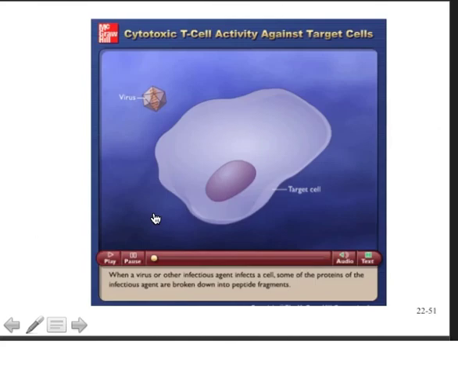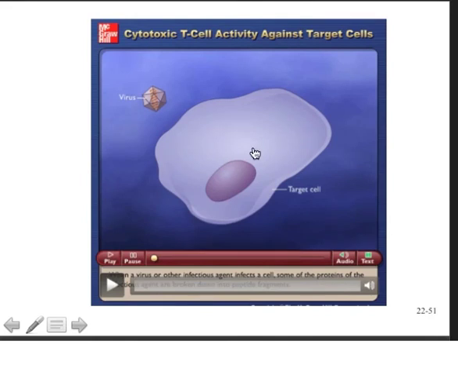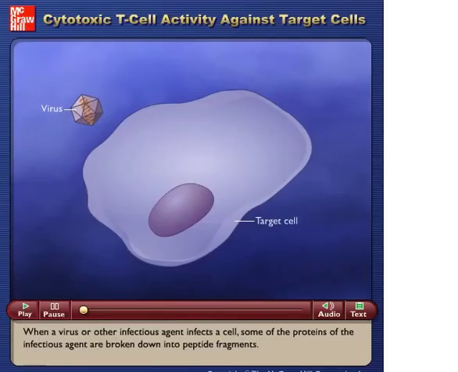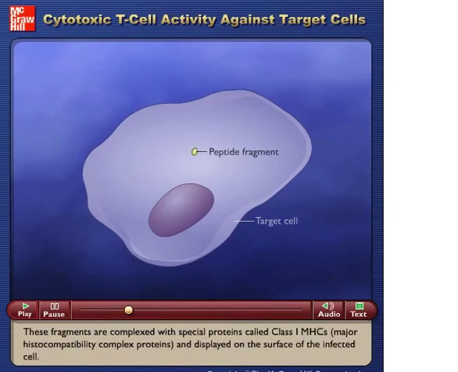Let's take a look at how cytotoxic T cell activity acts on target cells. When a virus or other infectious agent infects a cell, some of the proteins of the infectious agent are broken down into peptide fragments. These fragments are complexed with special proteins called Class I MHCs, major histocompatibility complex proteins, and displayed on the surface of the infected cell.